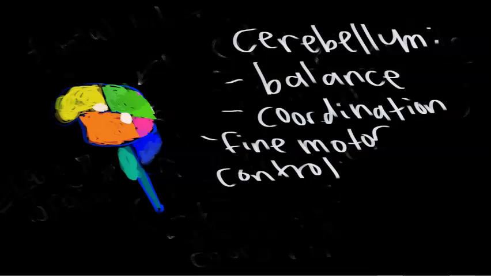So by receiving proprioceptive input and by holding the pattern, it's able to create the perfect motor movement and really regulate it. So it has fine motor control. So the cerebellum is really important for balance, coordination, and fine motor control. And of course, as I mentioned, proprioception, awareness of where your body is in space.